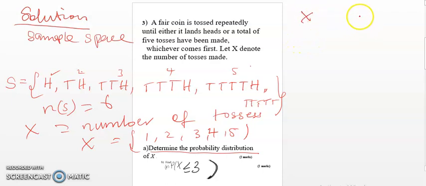We simply have our x, and then we have our probability of x. X will take the form of 1, 2, 3, 4, 5. But remember, we got the 5 tosses when it is 6. So 1, 2, 3, 4, 5, then we have 6 here.